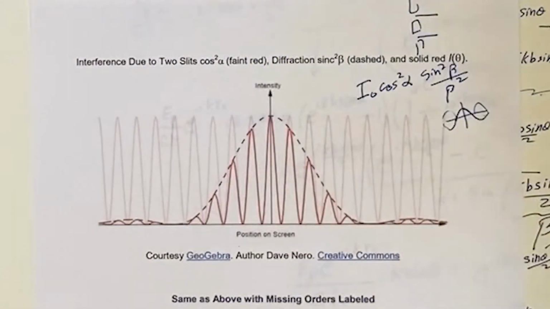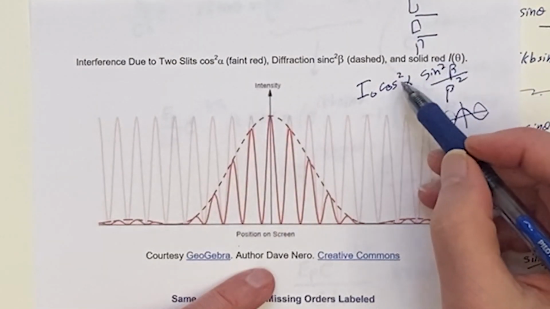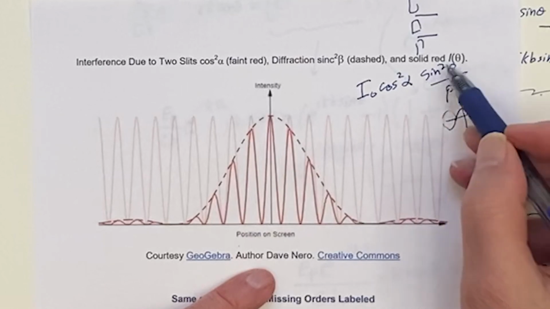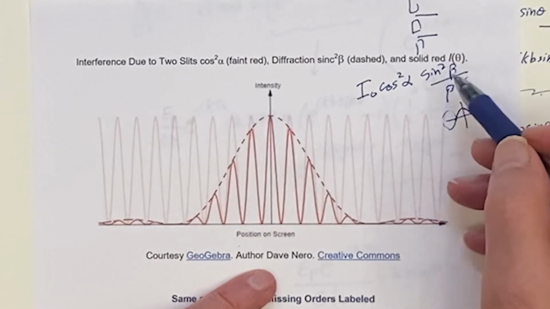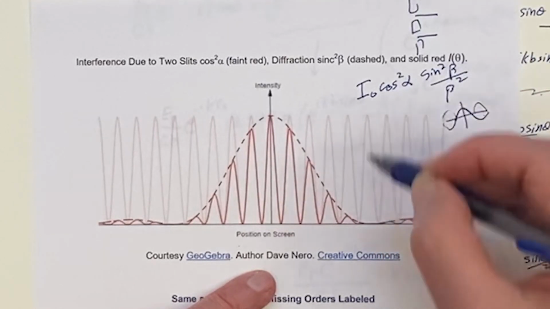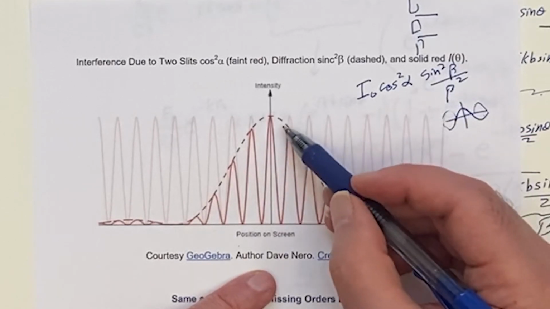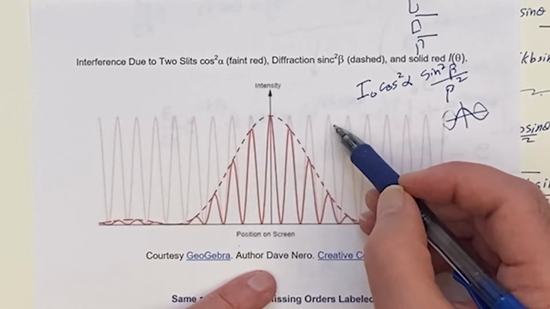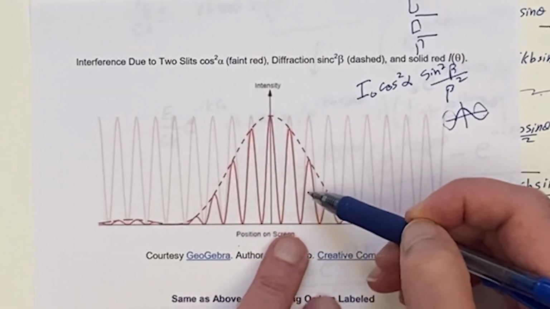So we call this the interference one, and that's the diffraction one, even though there's interference with the baby waves in there. But we just think of that as single slit diffraction, and then here you have the interference of the two slits. You have to multiply the dashed one with the light one to get the final result, which is the solid one here.